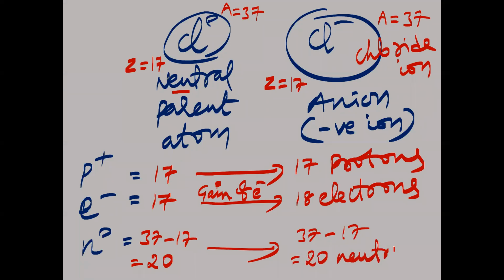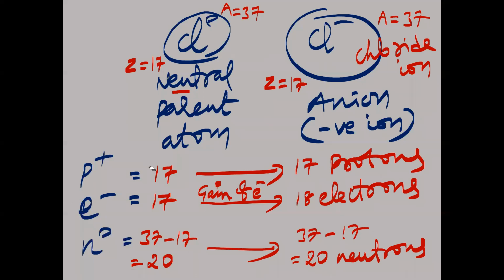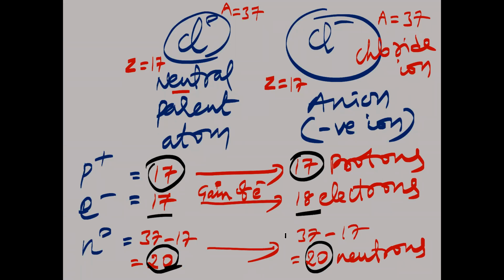In both cases the number of neutrons is the same, the number of protons is the same. But the number of electrons is changing. Is the concept clear? So for an atom and its ion, atomic number and mass number always remain the same. Let's take a screenshot of this one.